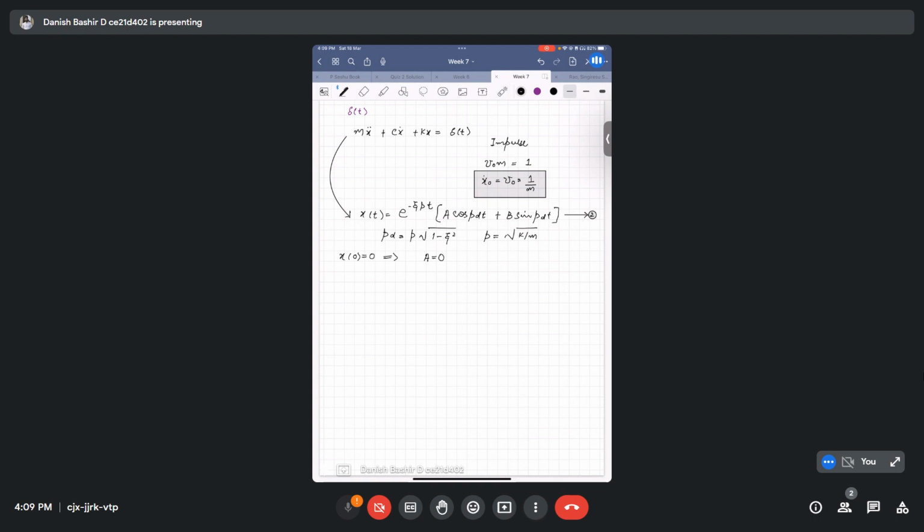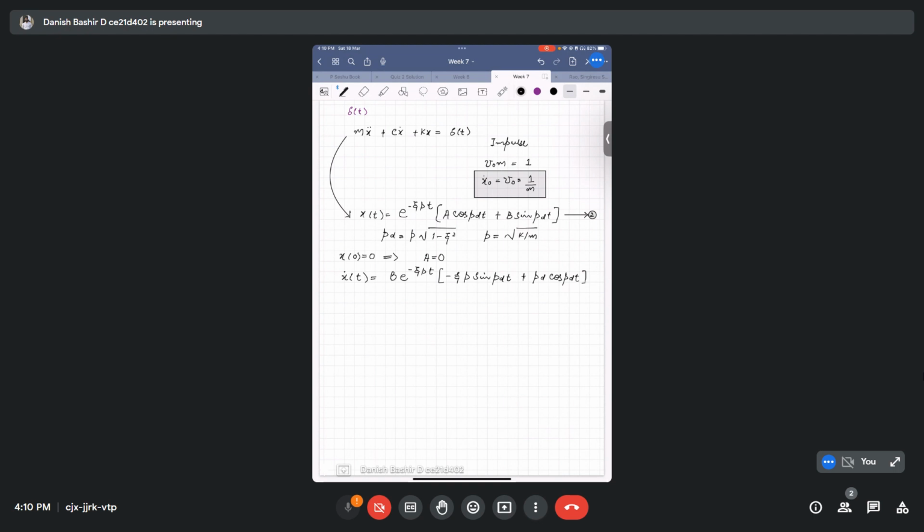Okay, and from that equation we will be getting x dot of t. If we take the derivative once, b times e to the power minus theta p t, and since a is 0, we can substitute a to be 0. We will get minus theta p sin p d t plus p d times cos p d t.